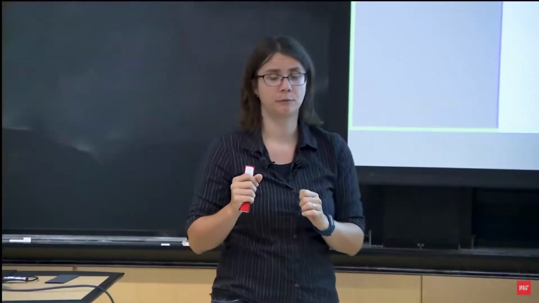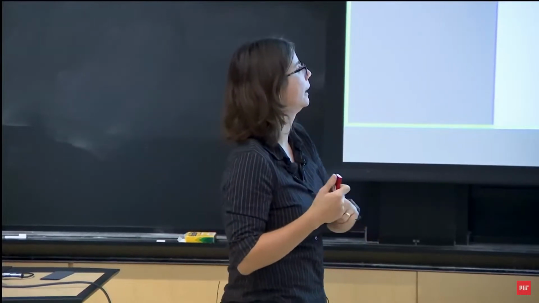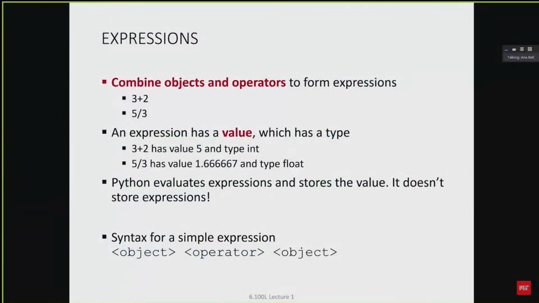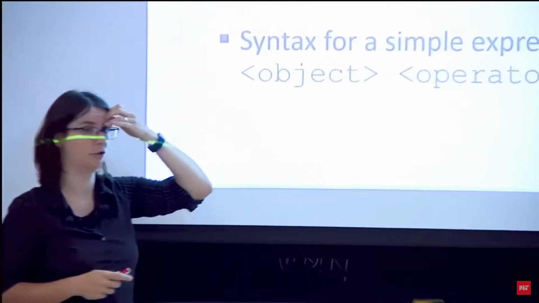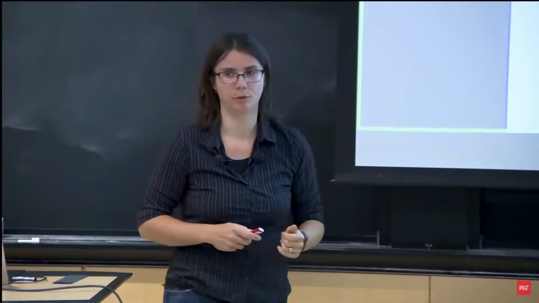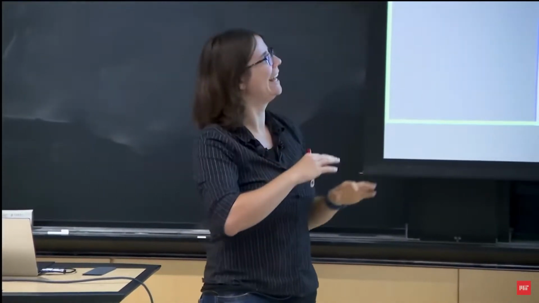So it never stores the expression, it evaluates the expression and then stores the value. And so this is the syntax for an expression: object, operator, object, as we just saw. And the idea I said before, where Python stores values of expressions, not the expressions themselves, is really, really important. So this is my first big idea slide.